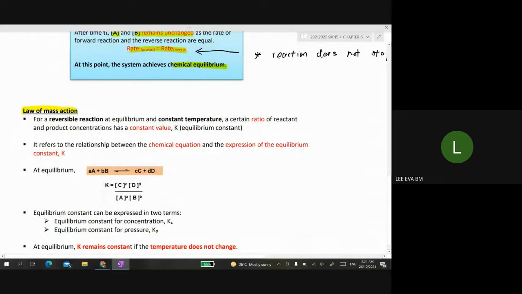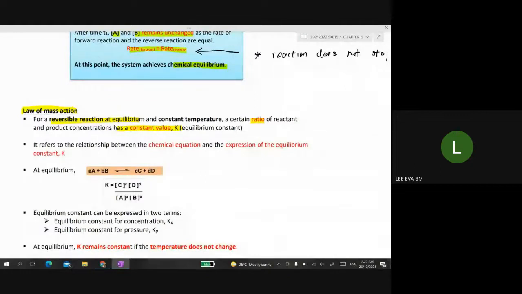So for a reversible reaction at equilibrium and constant temperature, there is a certain ratio of reactant and product concentrations. And this ratio will have a constant value K. Remember just now we said the K is your equilibrium constant. And it is a capital letter K, yeah?